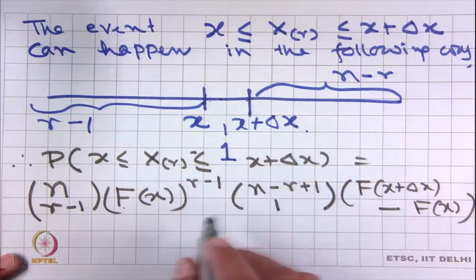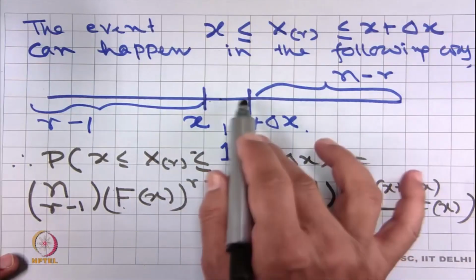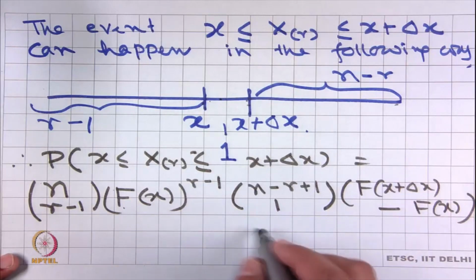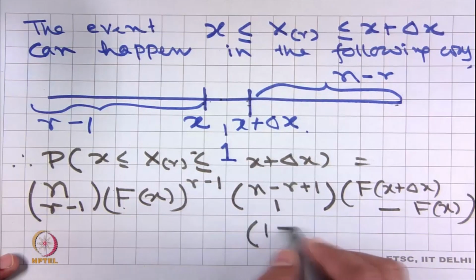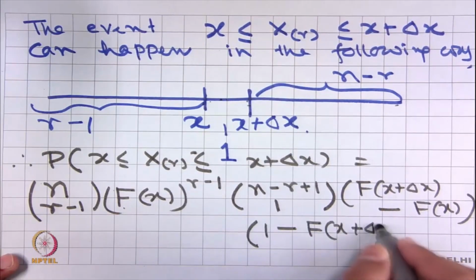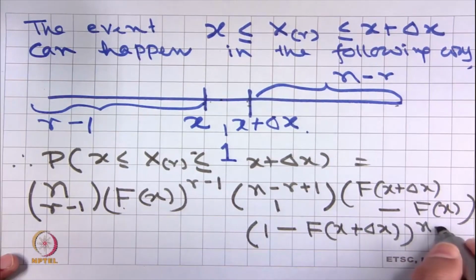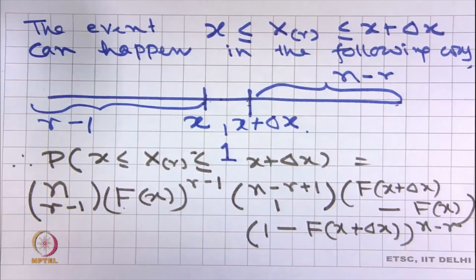Then whatever remains, n minus r, all of them will be above this interval, and that probability is 1 minus F(x plus delta x) whole to the power n minus r.